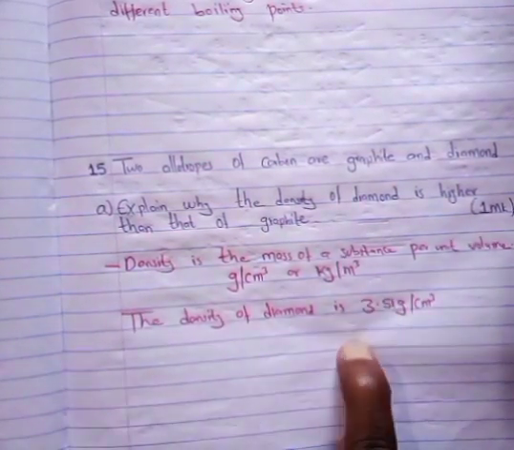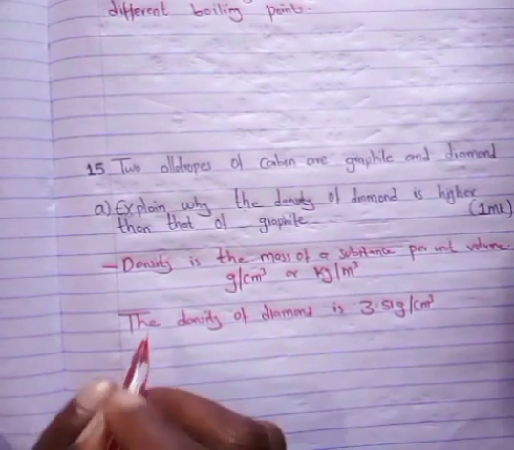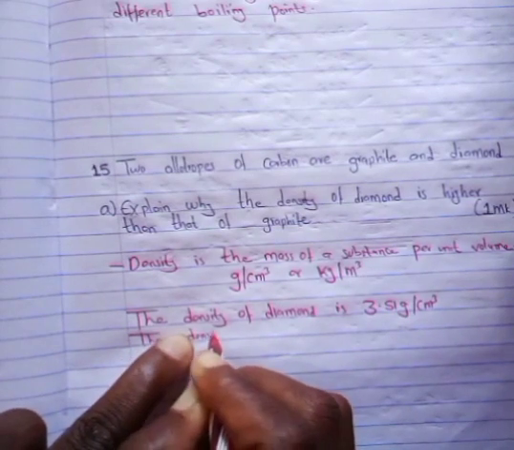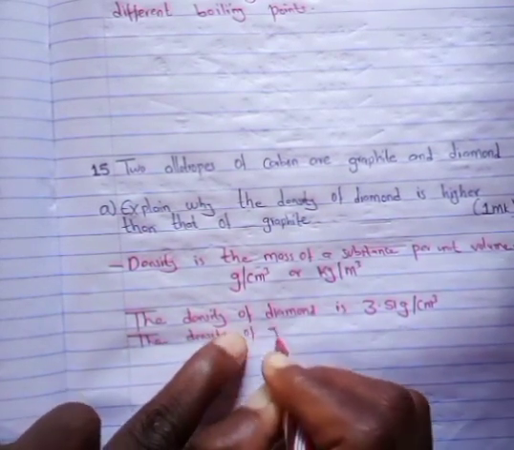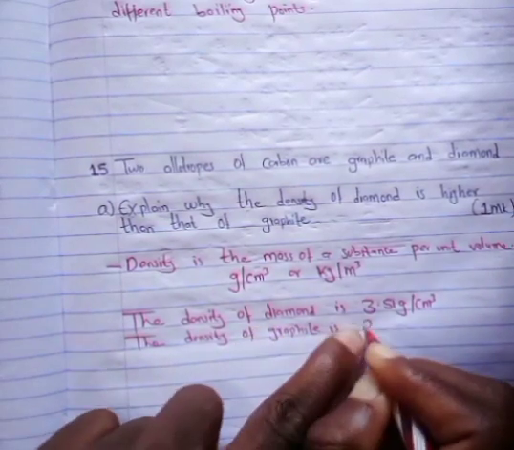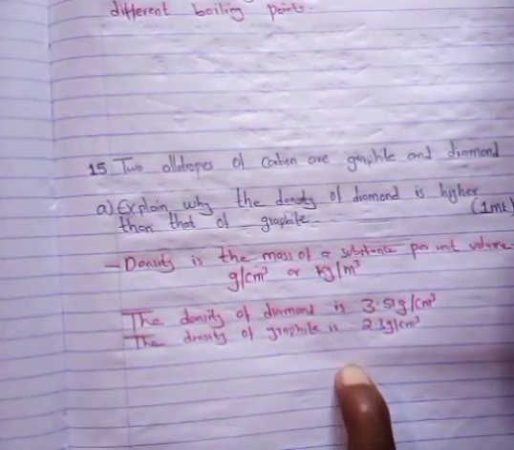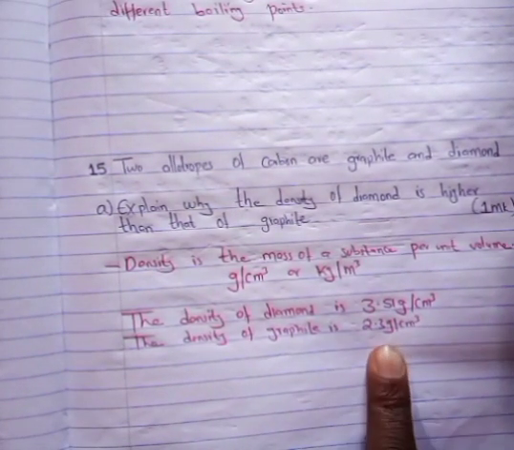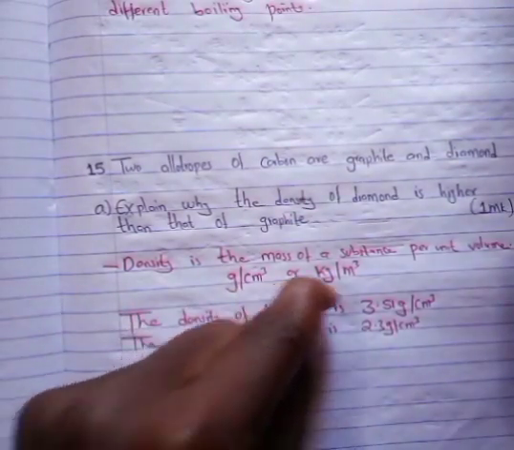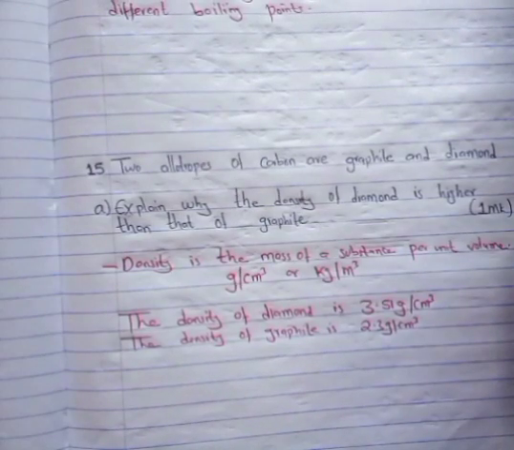The density of diamond is 3.51 grams per centimeter cubed. And the density of graphite is 2.3 grams per centimeter cubed. So as you can see, the density of diamond is higher than the density of graphite. But the question is, give the reason as to why.